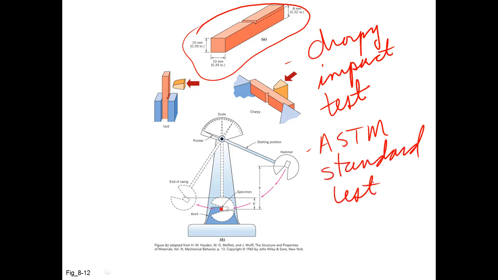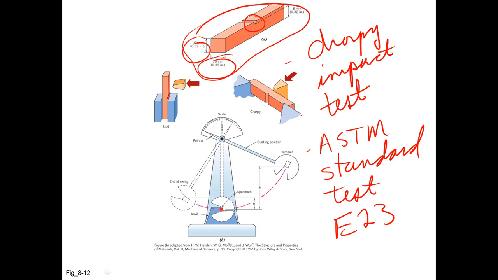This is actually ASTM test E23. The sample has specific dimensions, 10 millimeters by 10 millimeters, and there is a notch machined into the sample. The notch is 2 millimeters deep and at a specific angle.